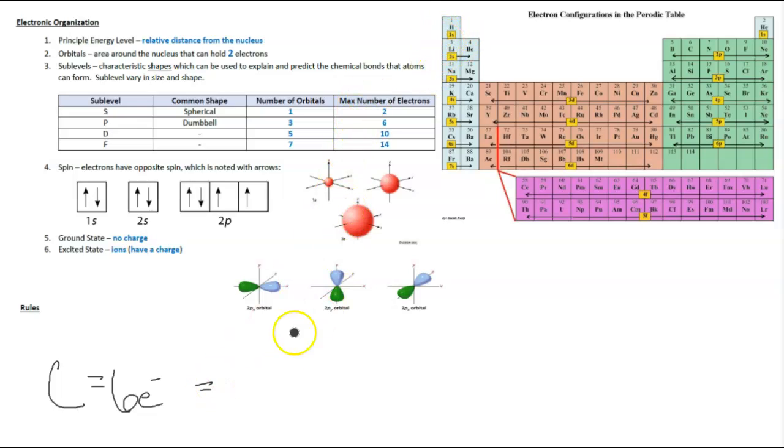That's Aufbau's rule. They fill the lowest energy first, so my first electrons go into the first energy level. This is the S sublevel, and it holds 2 electrons. Then I finish the first level and I'm ready to start putting electrons on my second energy level. So energy level 2, this is the S block, and I put 2 electrons there.